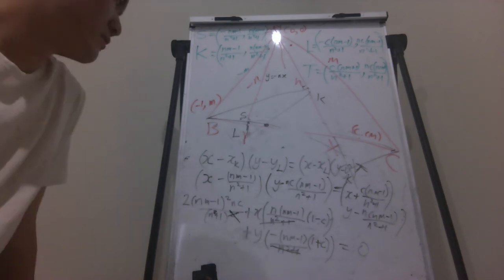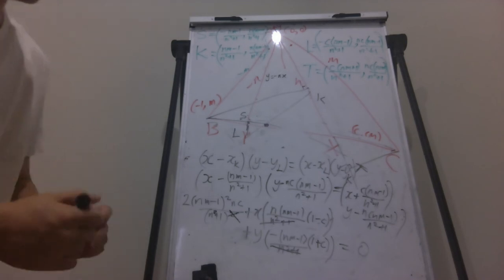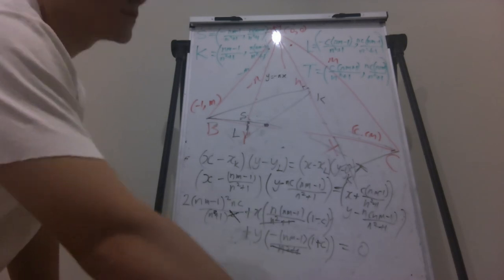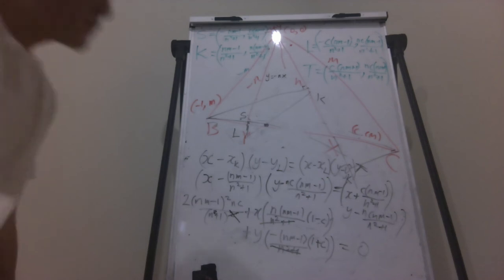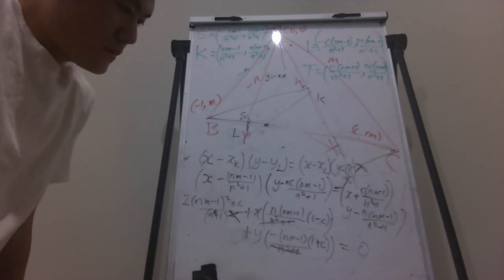Okay, now we're good. Because now the slope is n times 1 minus c on 1 plus c, yeah?